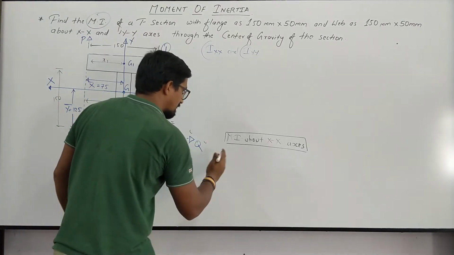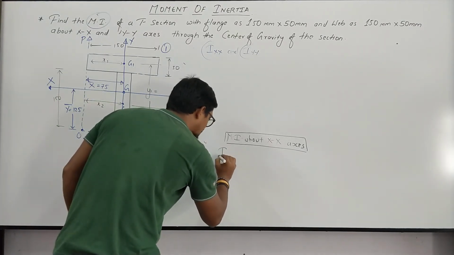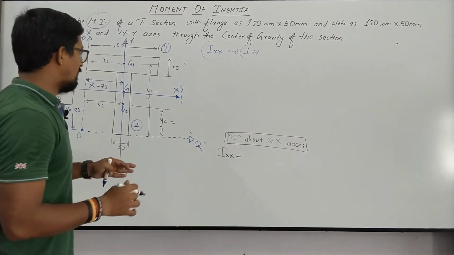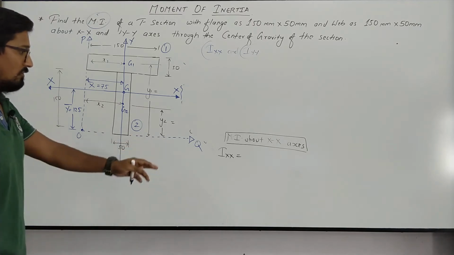So moment of inertia about x axis can be a sum of two moment of inertias. How? I will show you.